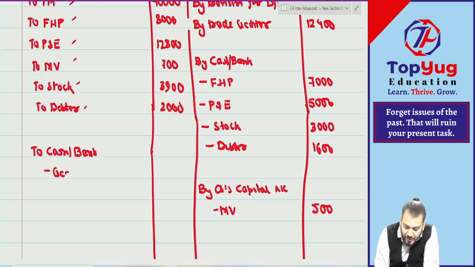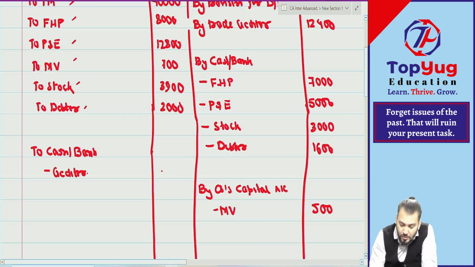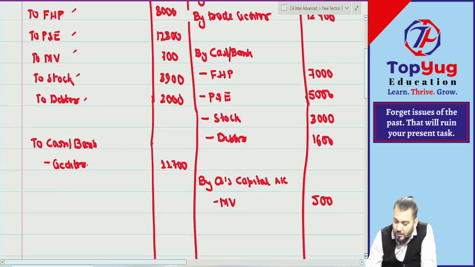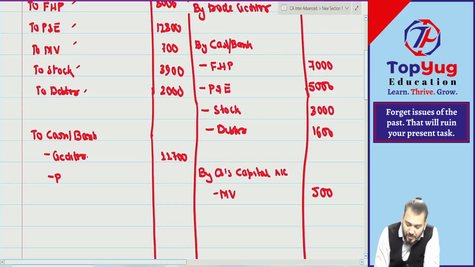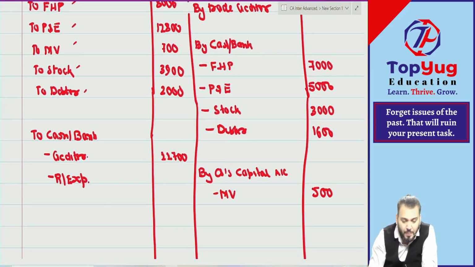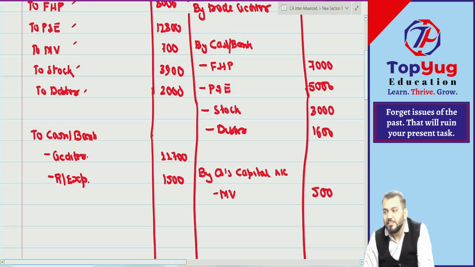So it is creditor 11,700. Then I think there is a realization expense also. How much realization expense paid? 1,500. Realization expense paid 1,500.